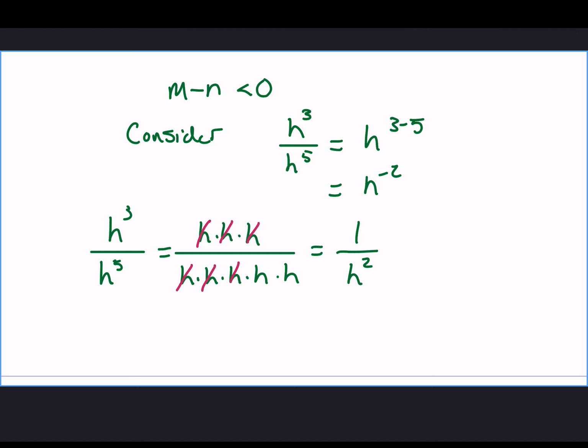So since we've looked at this 2 different ways, h to the negative 2 power is the same as 1 over h squared. So let's write that. H to the negative 2 is equal to 1 over h squared. And we'll formalize that negative rule of exponents here in just a moment.